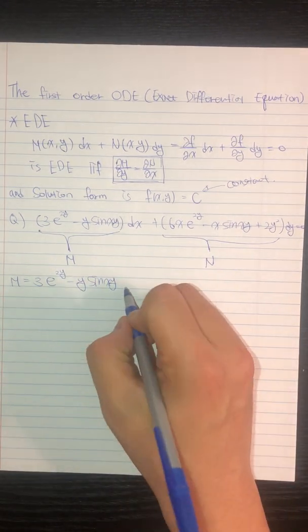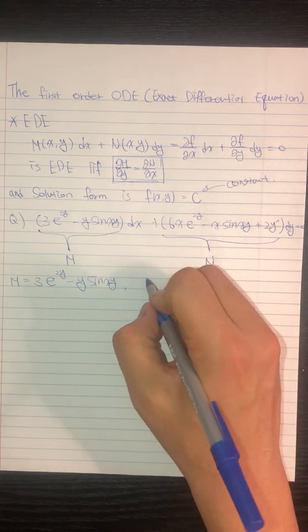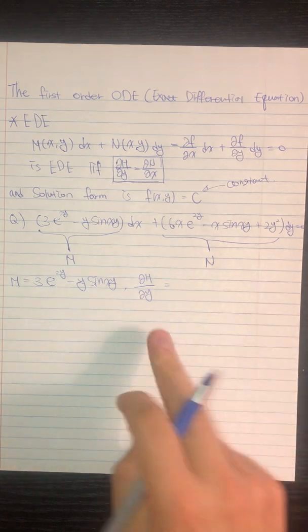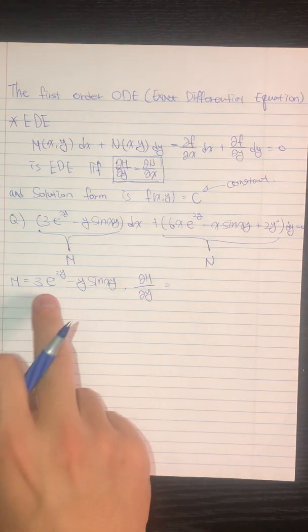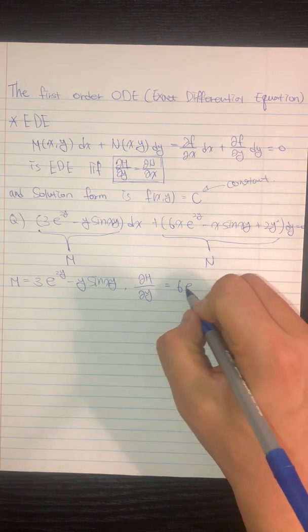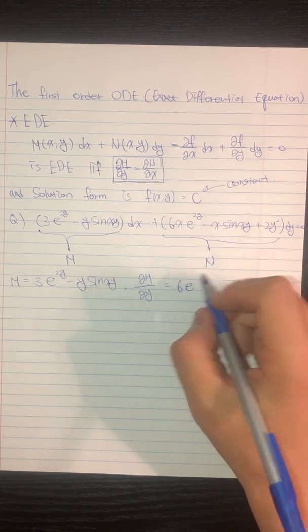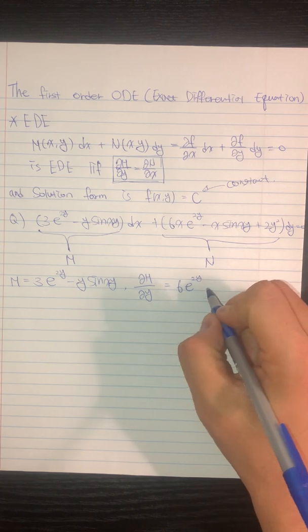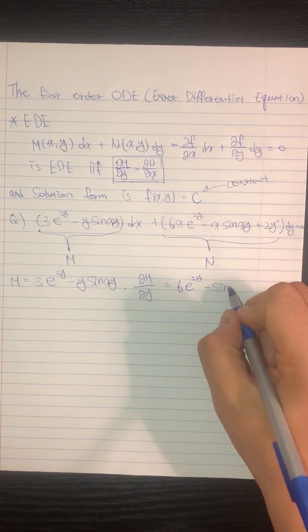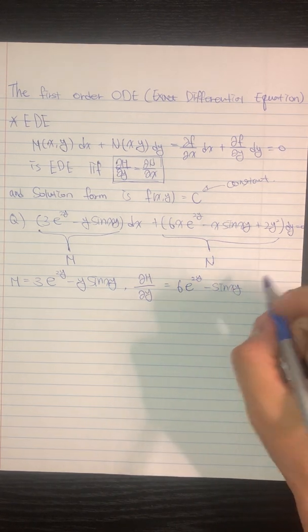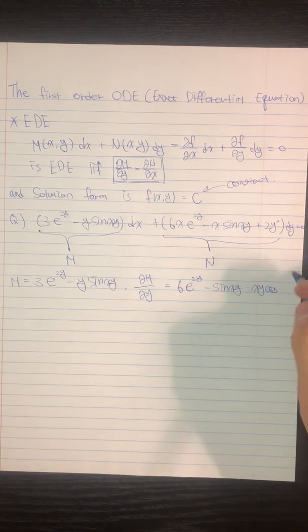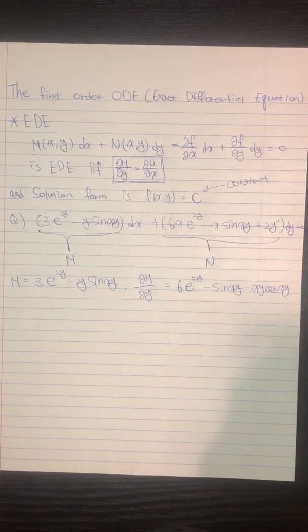And what is ∂M/∂y, the derivative with respect to y of this term? Which is 6e^y minus sin(xy) minus xy cos(xy).